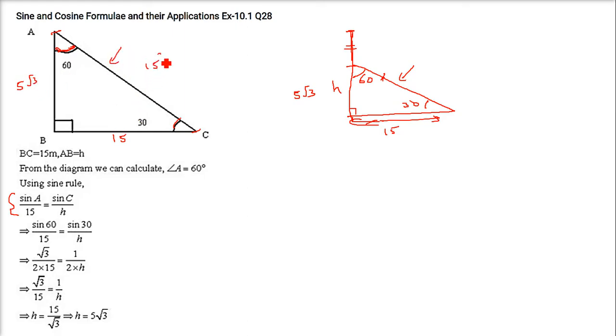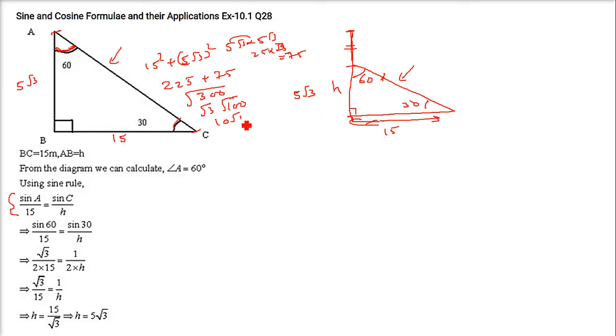Pythagoras theorem. 15 square plus 5 root 3 whole square. 15 square is 225 and 5 root 3 into 5 root 3 is 25 into 3, 75. You get 300. So this is under root of 300, so this is under root 3, under root 100. This will be 10 root 3. So this side is 10 root 3.